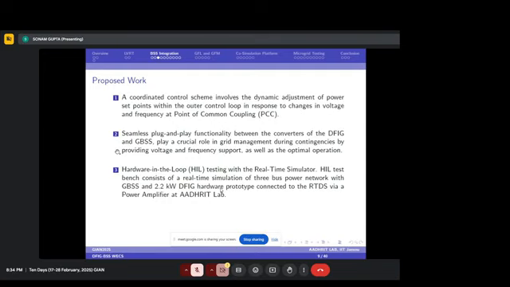Along with this, we first developed the simulation for this coordinated control. Then, to ensure the validity of this control coordination, we tested it with the help of hardware in loop testing, with the real-time simulators and the facilities we have in the Adrit lab.